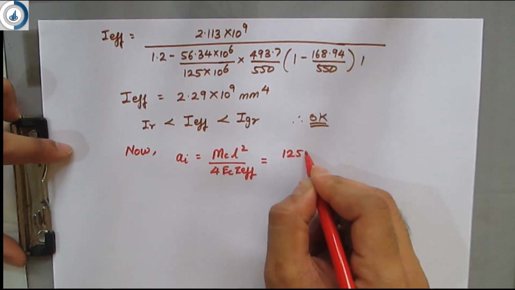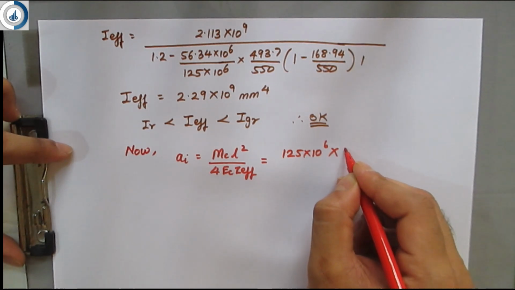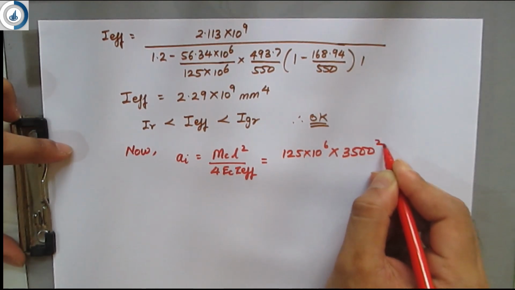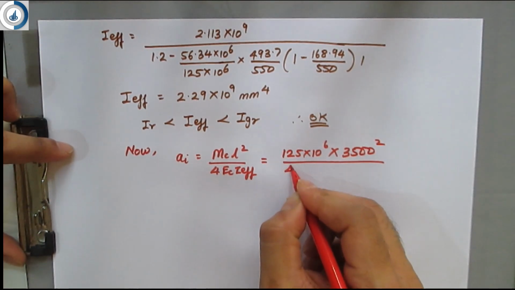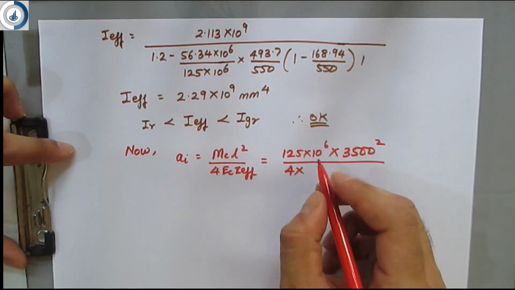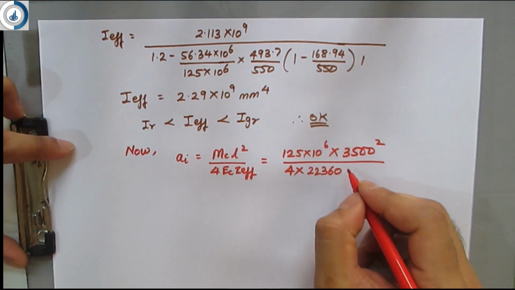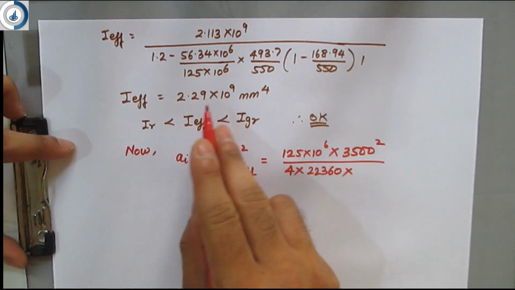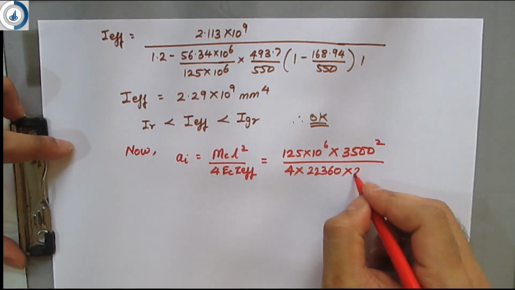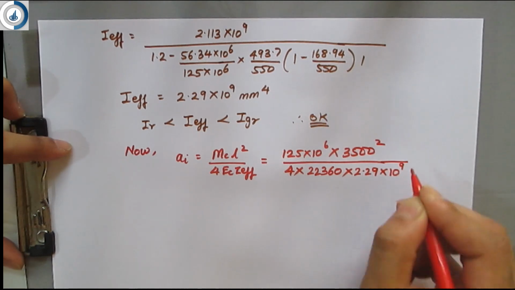M is 125 into 10 raised to 6, L is 3.5, that is 3500 mm, this one square, and 4, that is the 1 by 4 Km constant value. Then EC is 22360 into IEFF, just now we calculated, that is 2.29 into 10 raised to 9.